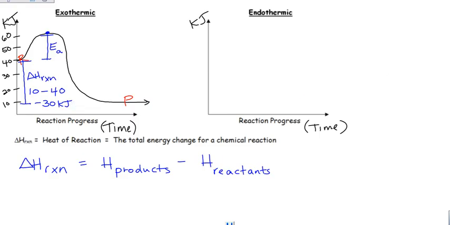Here's kind of the deal. We have to add a little energy to get the reaction started. So yeah, I needed to input this 40 up to 60, 20 kilojoules of energy.